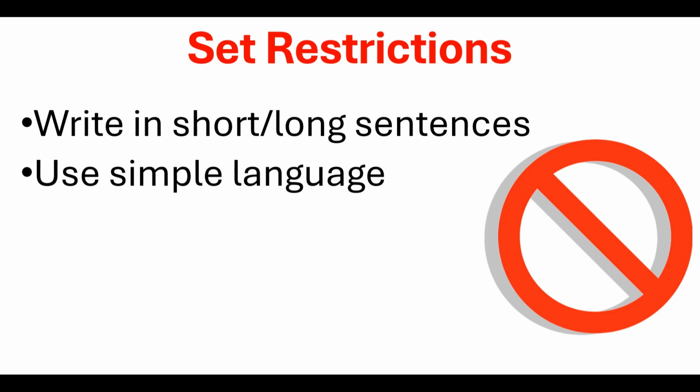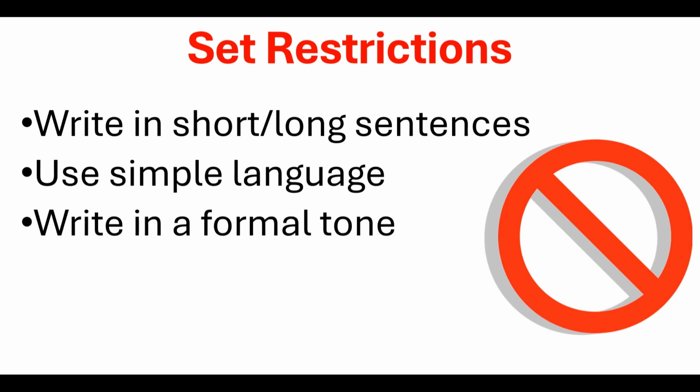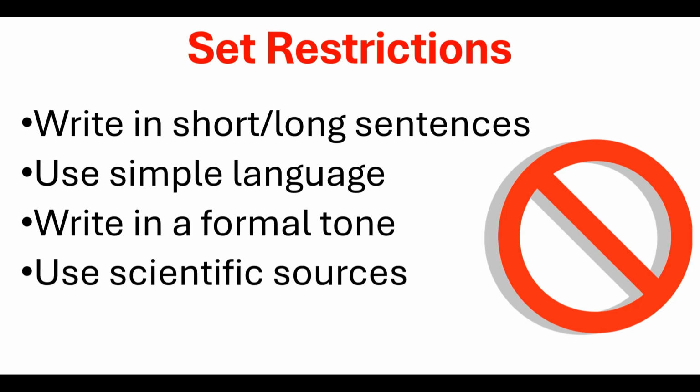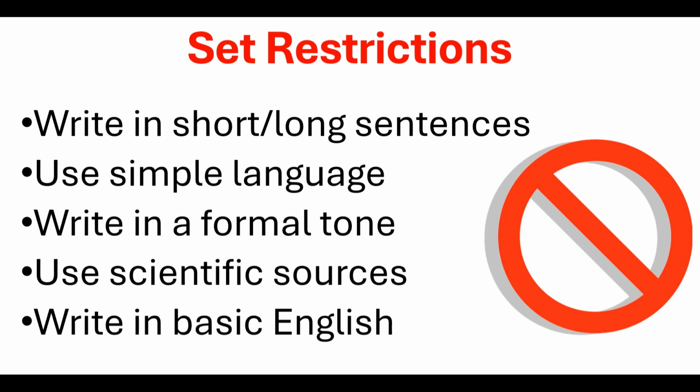These are some restrictions. Tone is a very important thing: which tone should be used in the result which ChatGPT will generate for you. Use scientific sources when you are going to make a research paper. Use scientific sources is the most important thing.